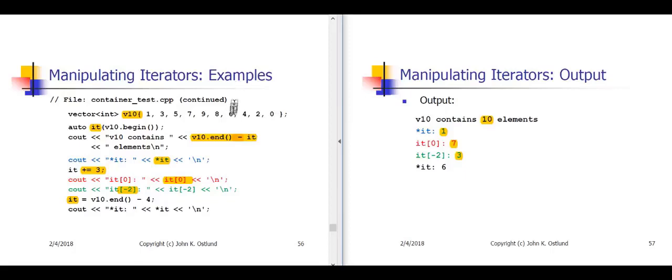The end minus 4 is going to be pointing at the 6. Okay, so the subscripting, the subtracting, the plus gets, these are things that random access iterators can do that forward iterators and bidirectional iterators are not able to do.